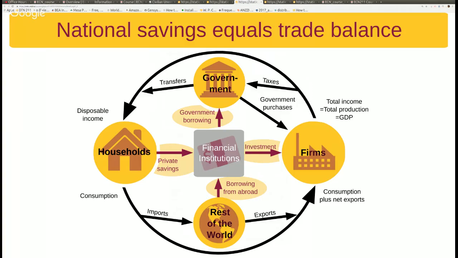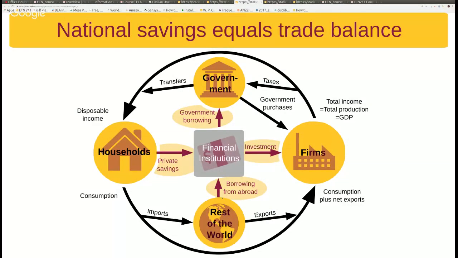But what we tend to forget is that the flip side of borrowing from abroad is running a trade deficit. So if there's no change in the behavior of businesses and households in terms of their saving and their investment, then if the government wants to run a bigger deficit and increase government borrowing, it needs to borrow more from abroad.